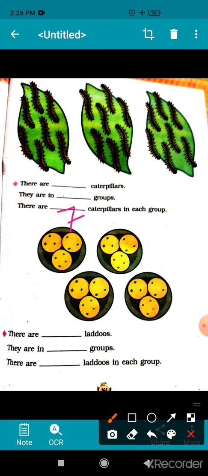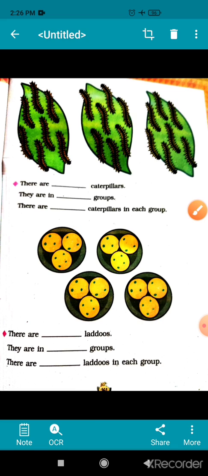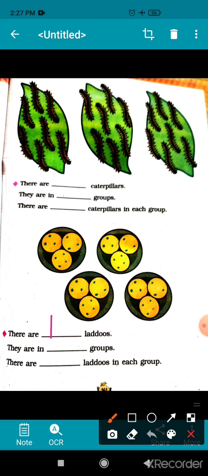Children, hope you all are getting it. Now let us see one more example. Here there are some laddus. What will you do? On one plate there are 3 laddus. So on 4 plates, how many laddus will there be? 3 fours are 12 laddus. And how many groups are there? There are 4 groups. 1, 2, 3, 4 groups.